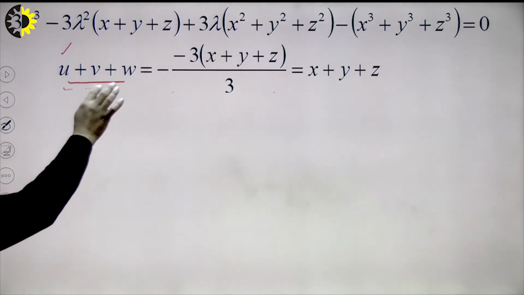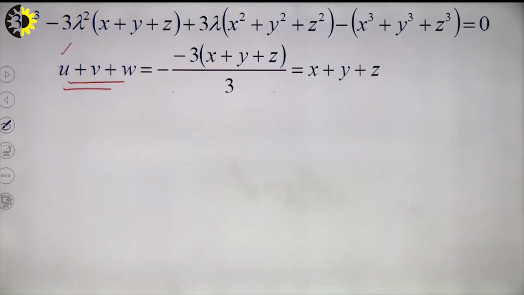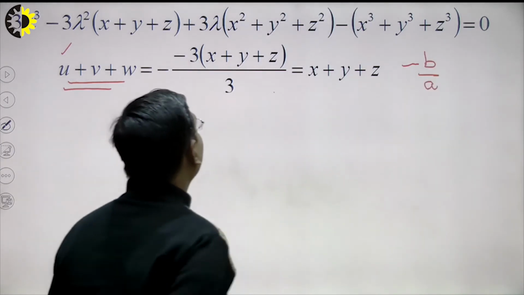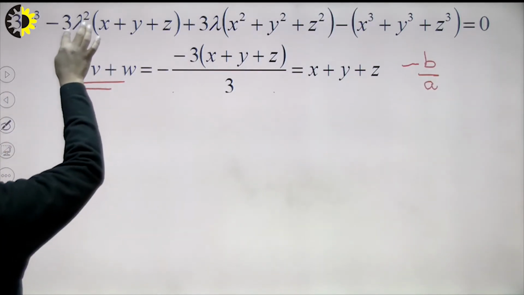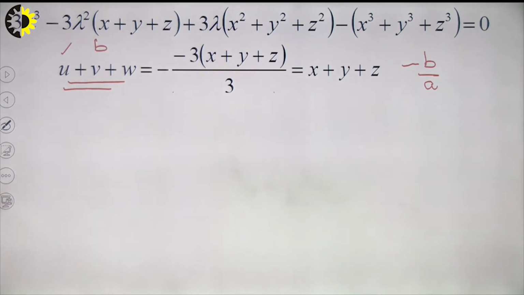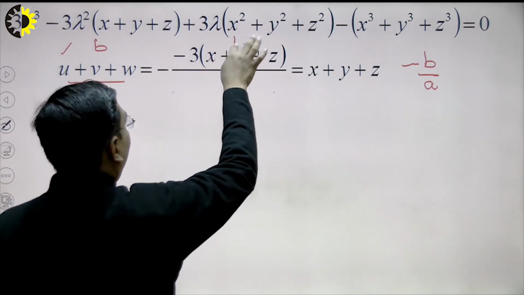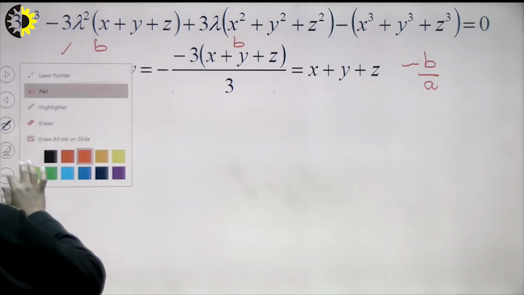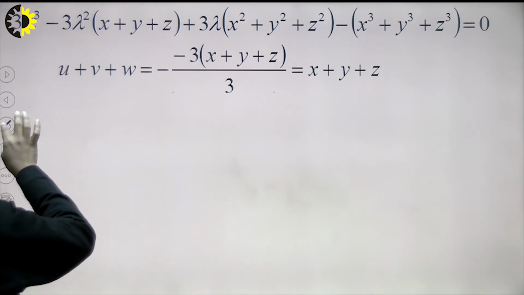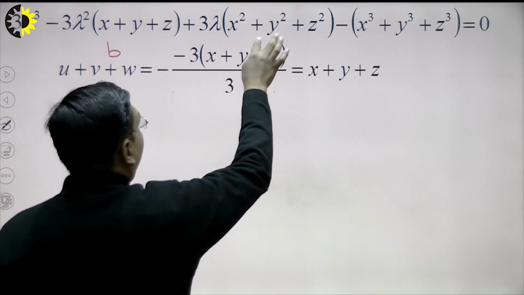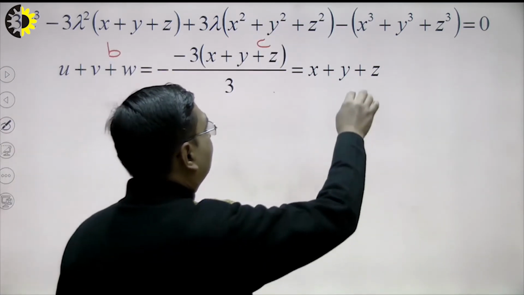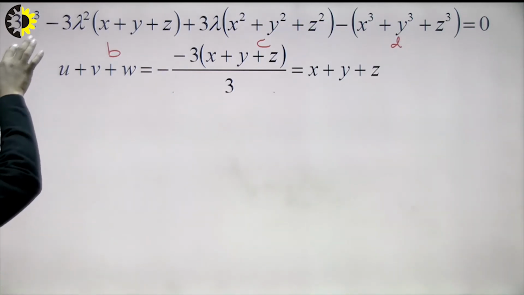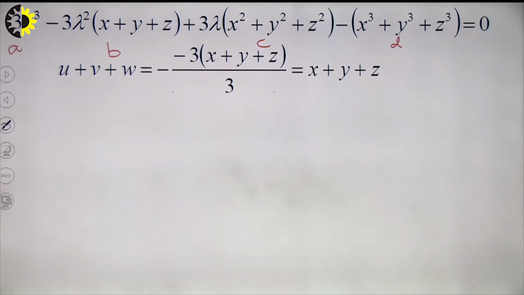The value of u plus v plus w was minus b by a. This term excluding lambda will be b. This term excluding terms of lambda will be c. This is b, this is c, and the term not having lambda will become d, and the coefficient of lambda cube will become a.